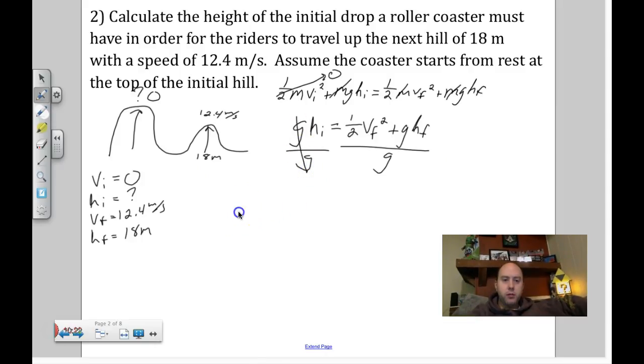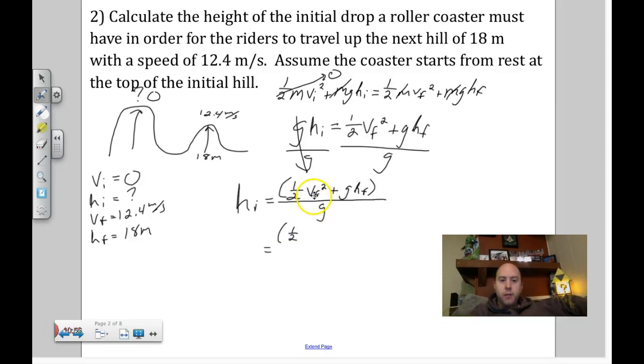Gravity cancels here, so I get initial height equals 1/2 times final velocity squared plus gravity times final height, all divided by gravity. Again, you can't just cross out gravities because not everybody brought gravity to the party. There's no gravity here, so you just can't cross out gravities completely. Do not do that. So now I can plug in my numbers.